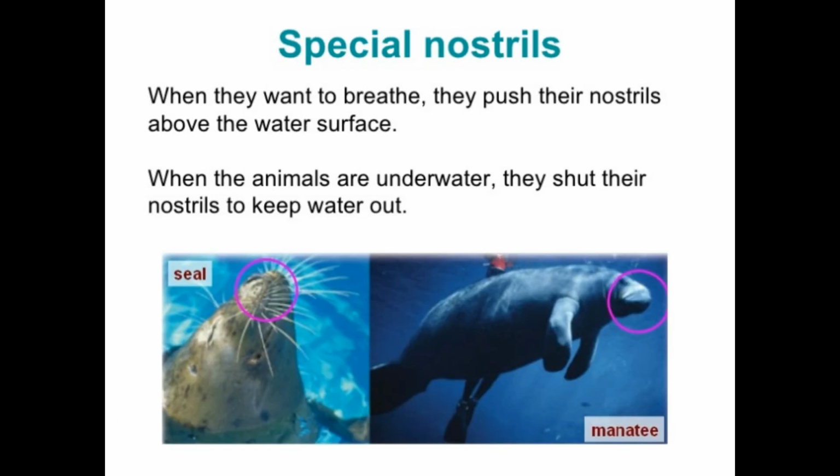And sometimes we see aquatic animals have special nostrils. So they push their nostrils above the water surface to get oxygen. And when animals are underwater, they shut their nostrils to keep water out.